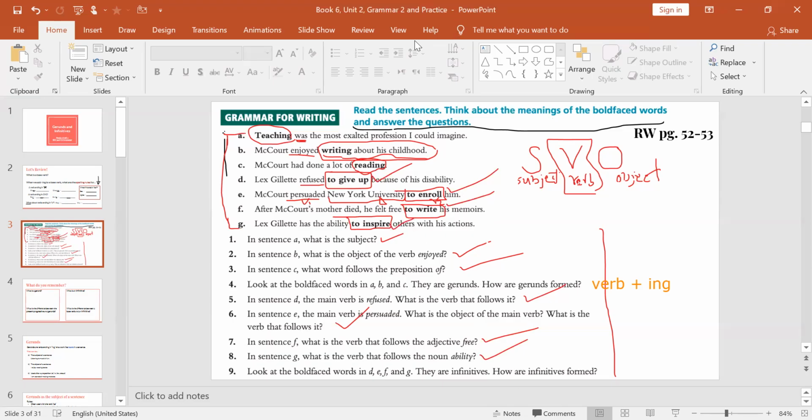So what is the pattern that you're seeing with these infinitives? Correct. It's to plus base verb. You take the base verb and you add to, and it becomes the infinitive.